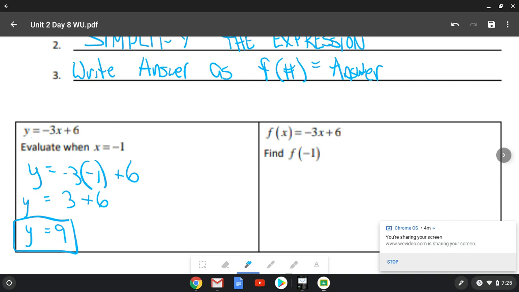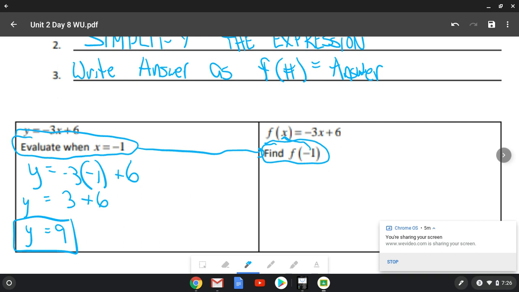So the thing about function notation is it gets rid of all this wordage here and makes it a lot more succinct. So that's why people will use function notation, because you don't have to write a sentence, the evaluate when x equals. You can just write find f of -1, and that's just stating plug in -1 for x, because there's always an x that starts off right there.